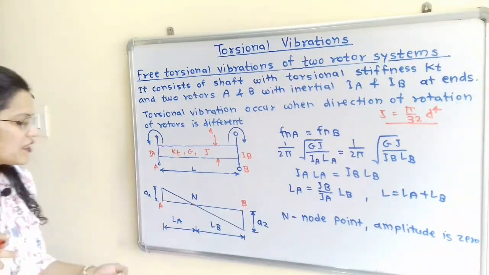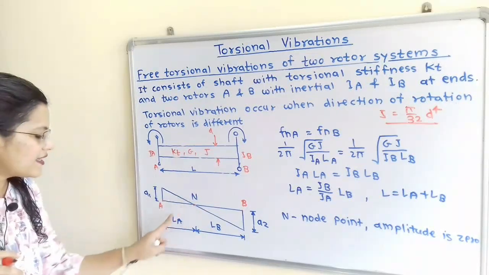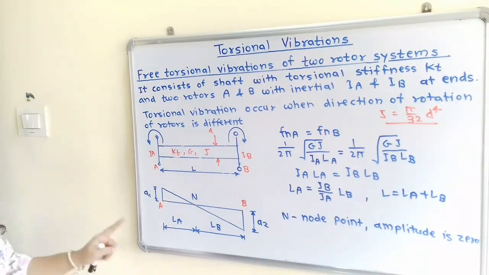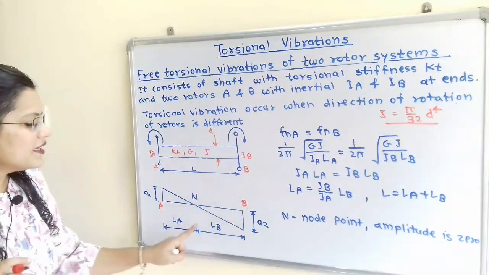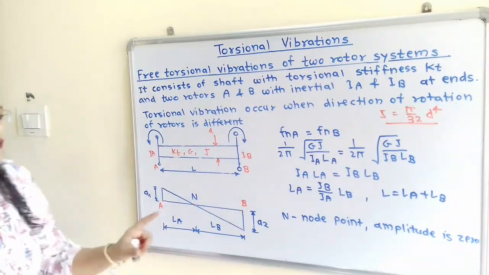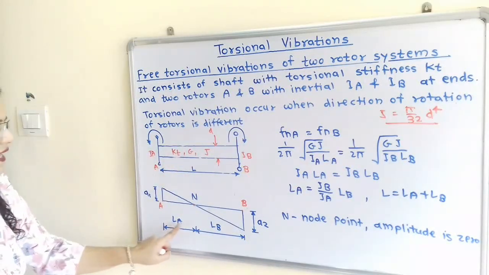Now if we measure the distance of node point from rotor A, it is known as LA, and if we measure the distance of node point N from B, it is known as LB. So from the diagram we can say that total distance L is equal to LA plus LB.